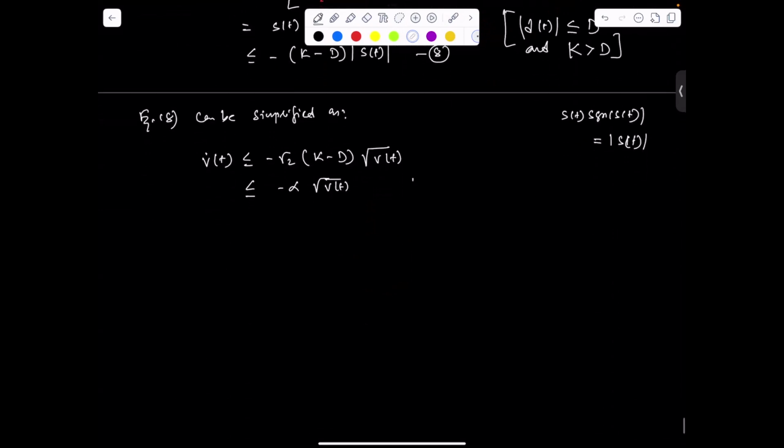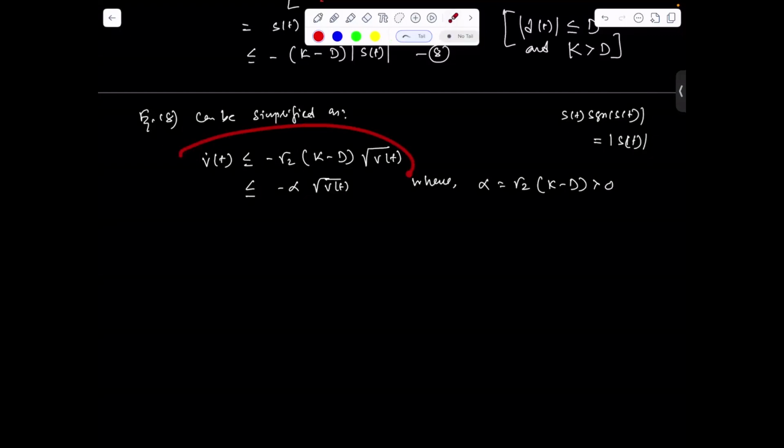So here alpha equal to root 2 (k minus d) greater than 0. Because k is greater than d, k minus d is always greater than 0. If you remember the last lecture, if we have the expression V dot in this form, then we can comment that this is finite time convergence.